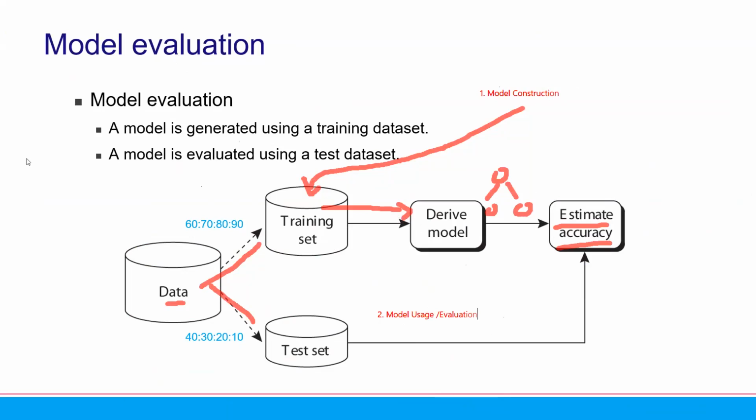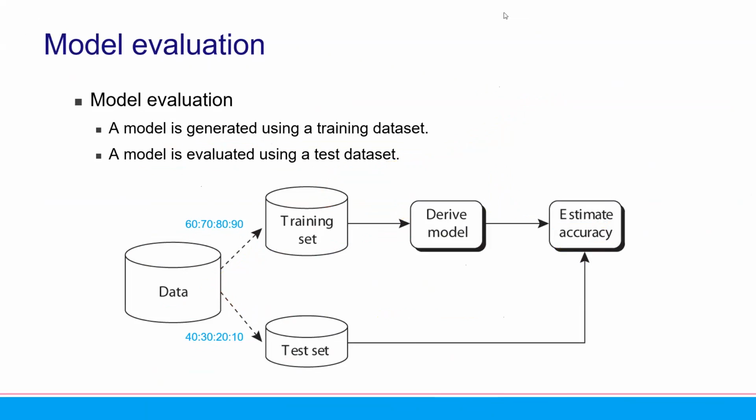The first is the model generated using the training data set, and then the model is evaluated using a test data set. I put numbers here. Usually, people will split on the percentage. 60 training set, 40 test set.